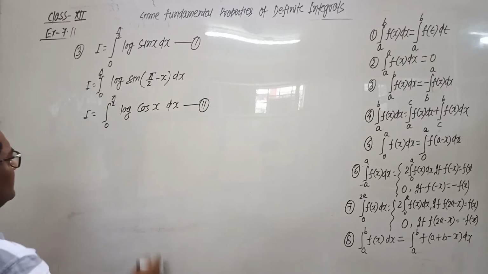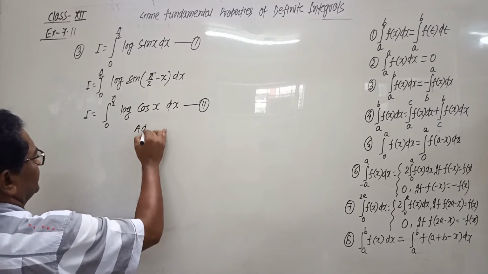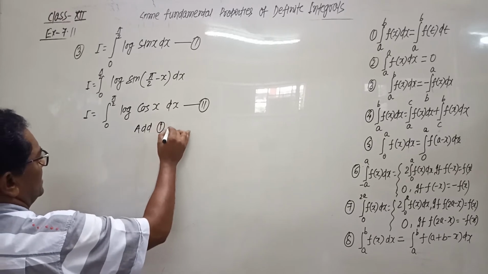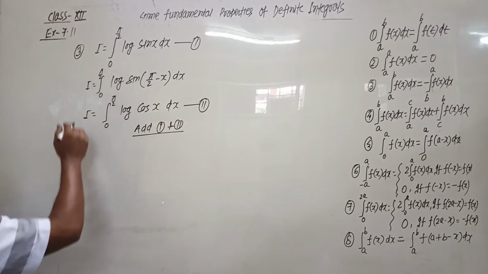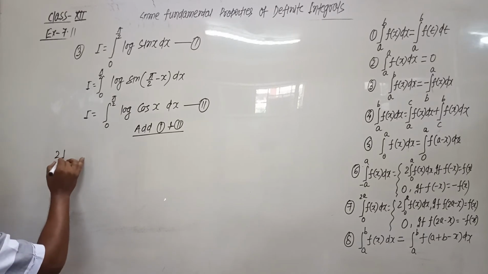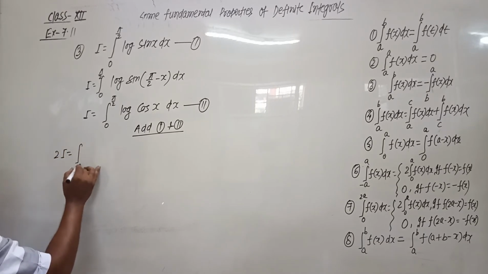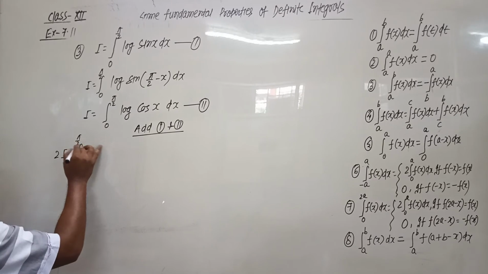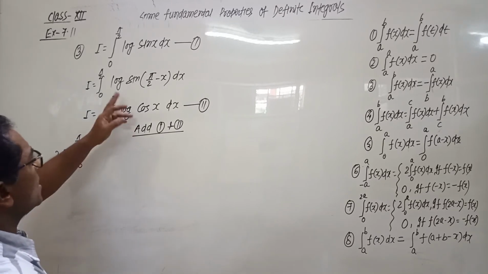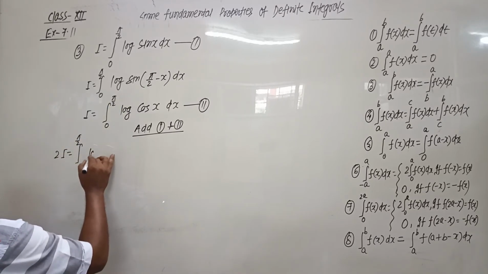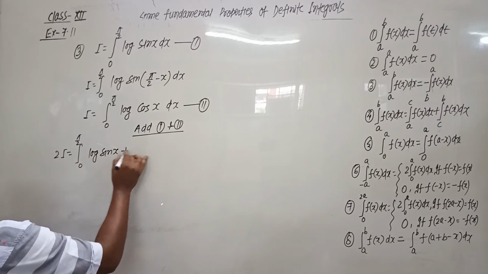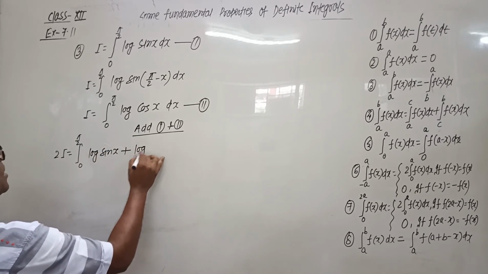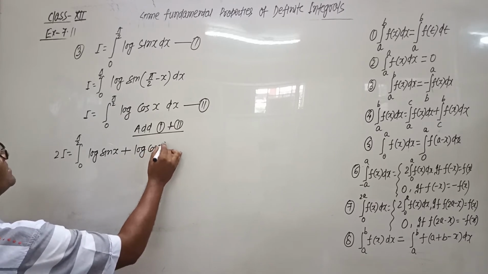Now add first and second. Add equation number 1 and 2. So left side we get I plus I, 2I equals to integration 0 to pi by 2 and log sin x plus log cos x dx.